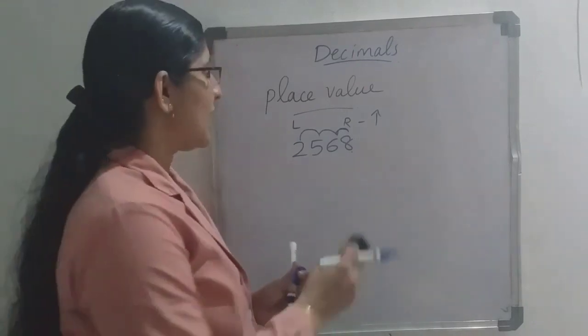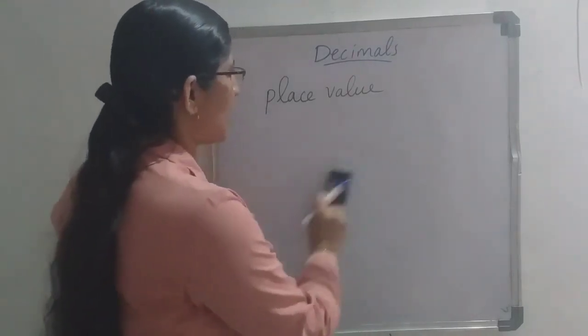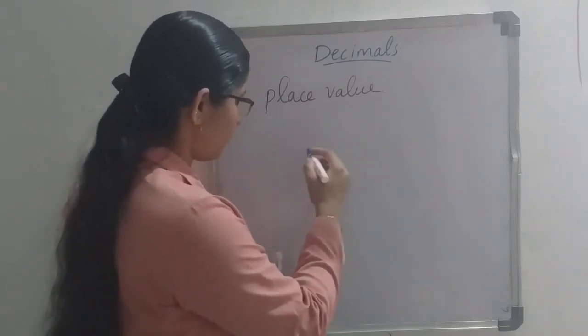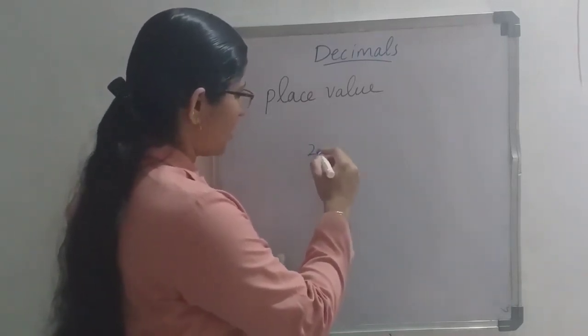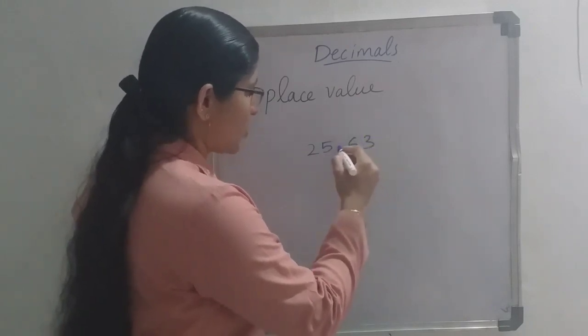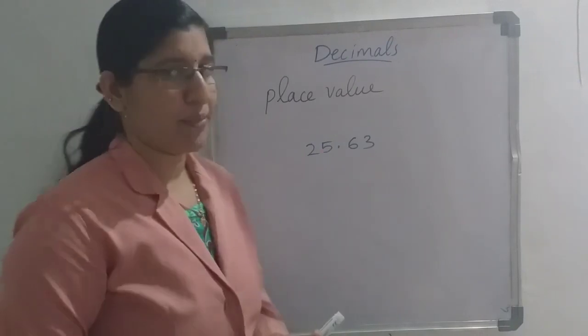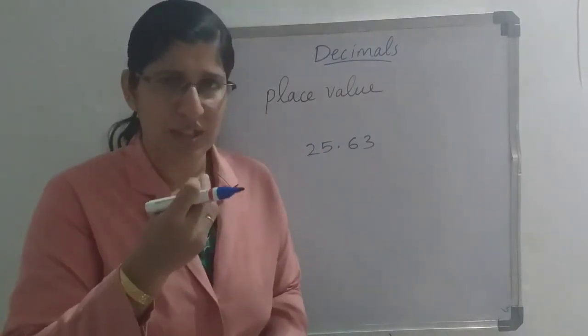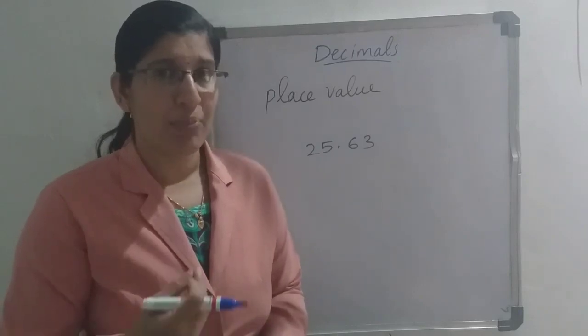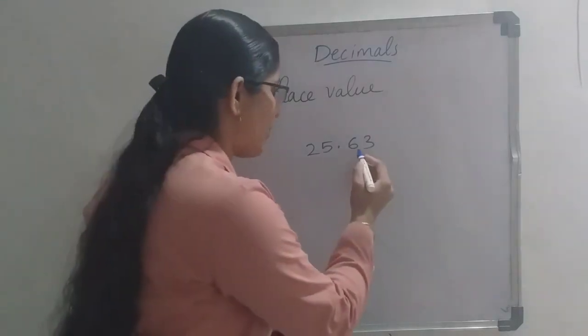But in the case of a decimal, for example, I am going to write one decimal number, 25.63. How am I saying that number? 25 point 63.